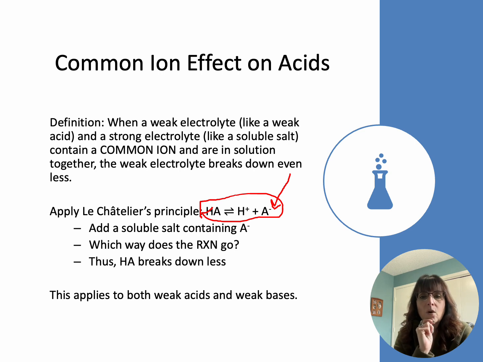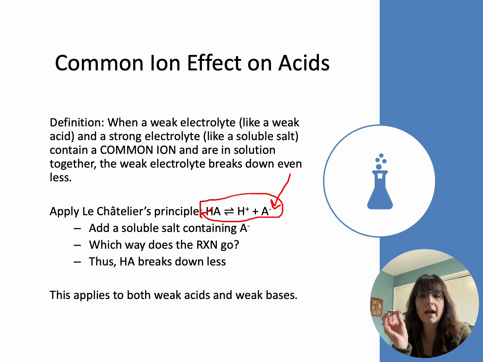So if there is already an ion in solution that is common to that equation, I'm not talking about some other element that has nothing to do with the equation, if you have an ion that has to do with that equation, it's going to force the reaction to go in the other direction, and HA is going to break down less. This happens for both weak acids and weak bases.